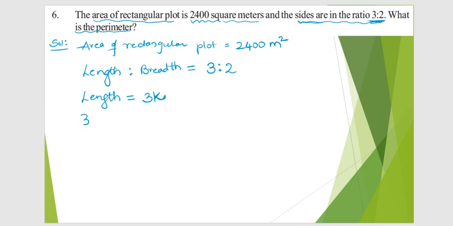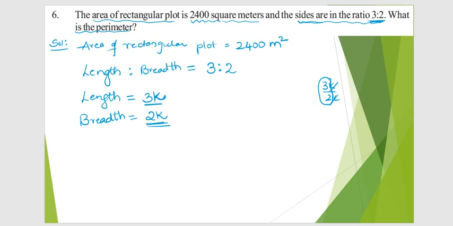The same way, breadth also will be multiplied with some k. So individually length is 3k, breadth is 2k. If you divide them, 3k by 2k, the k gets cancelled and we will get the same form 3:2, right? So length is 3k, breadth is 2k.